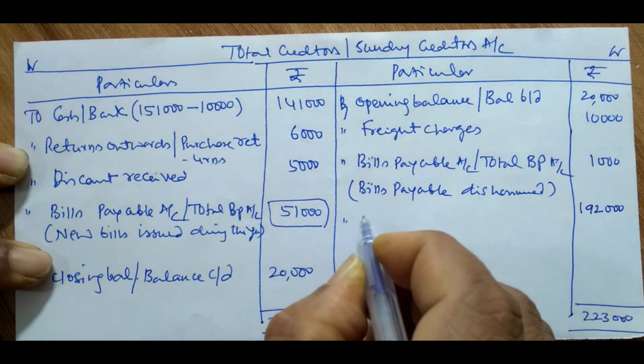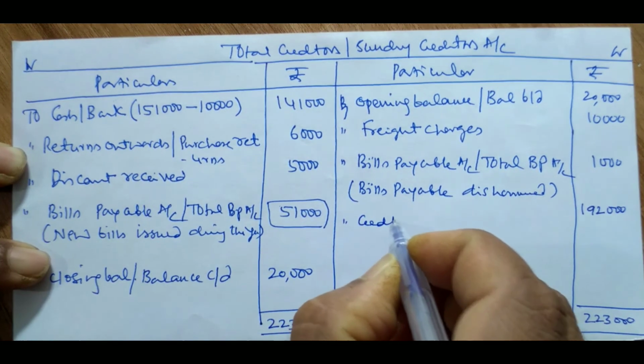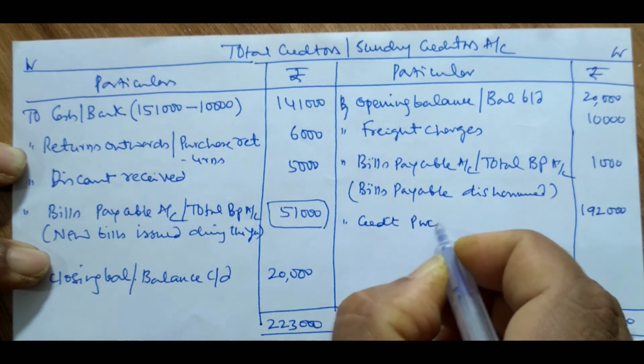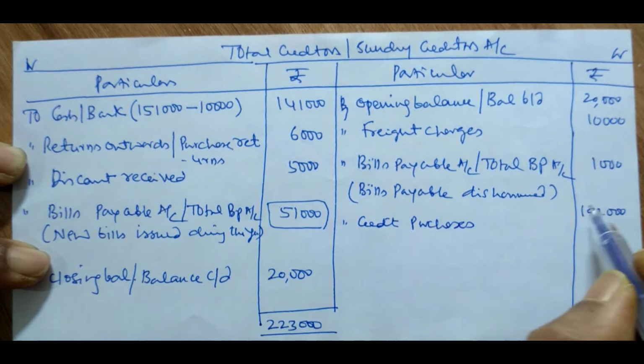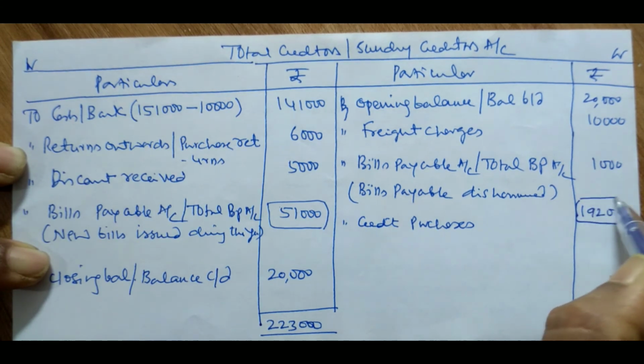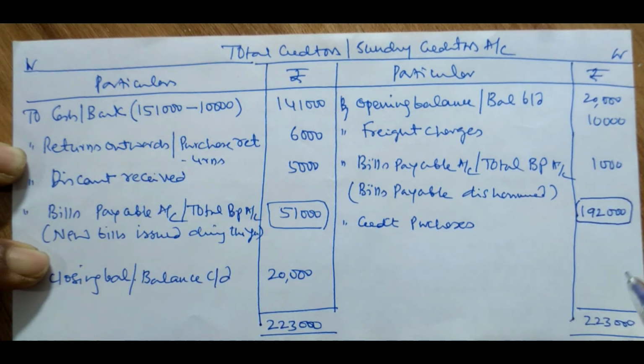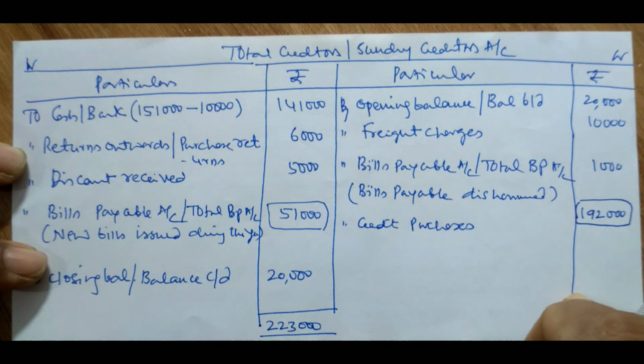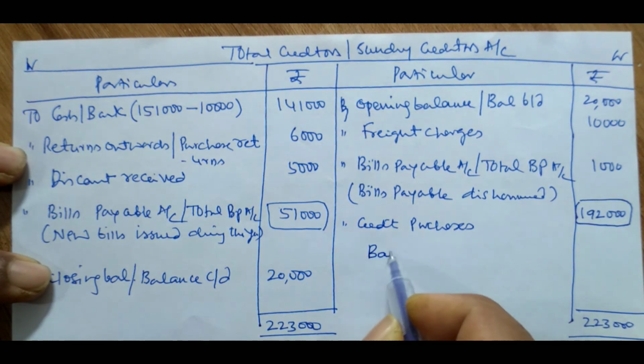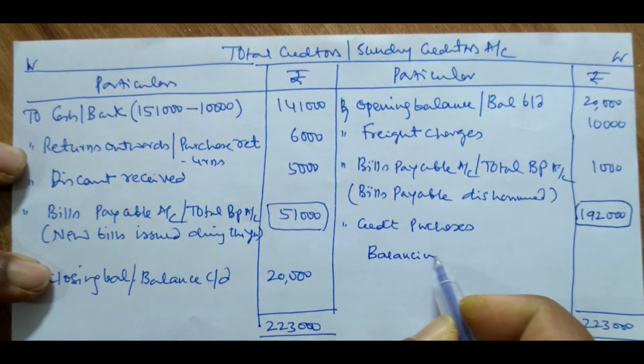This is termed as credit purchases. This is very important item because this information is important to prepare trading account. This is balancing figure.